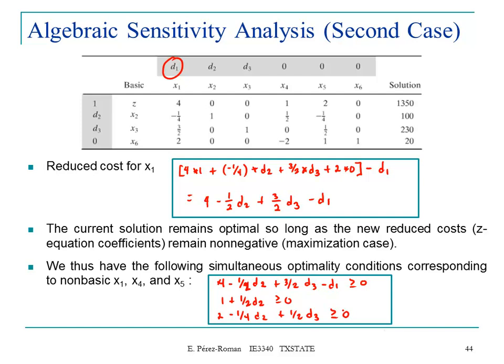Yes, sir. Why does it change from negative 1/4 d2 to 1/2? Where's this one, sir? Yeah, that's 1/2, right, but 1/4. Oh, yeah. So I guess this one is a little bit incorrect. It should be 1/4 for both. Sorry.